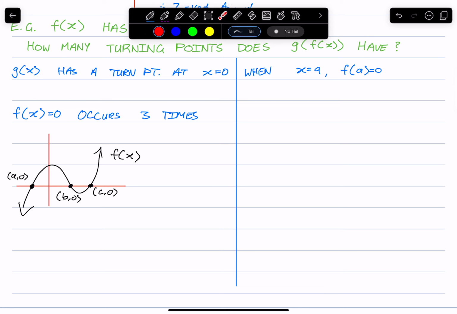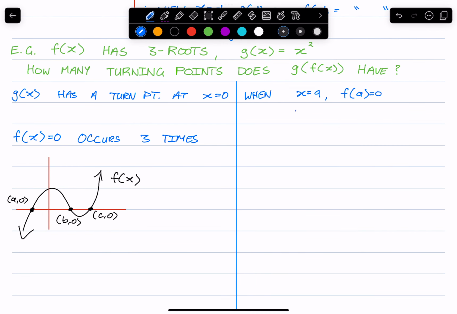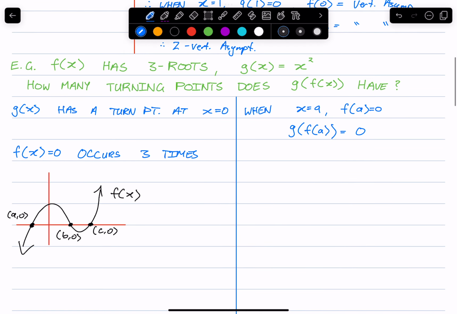See, when x equals a, f of a is an x-intercept. And from this we can see that g of f of a is also 0, because we're substituting 0 into here, and g of 0 is the first turning point. We can repeat this 2 more times.